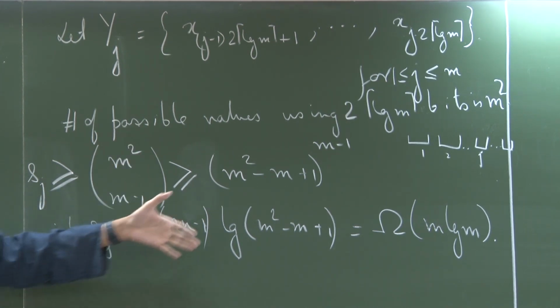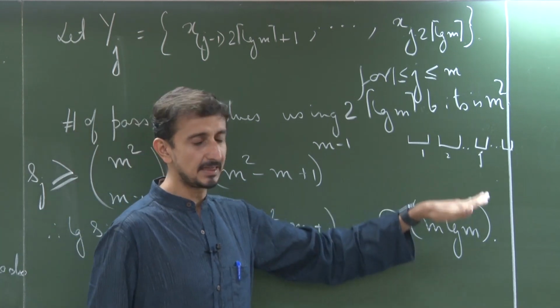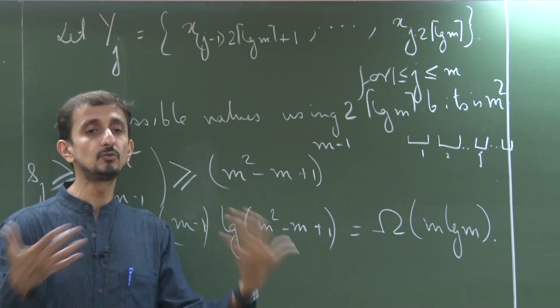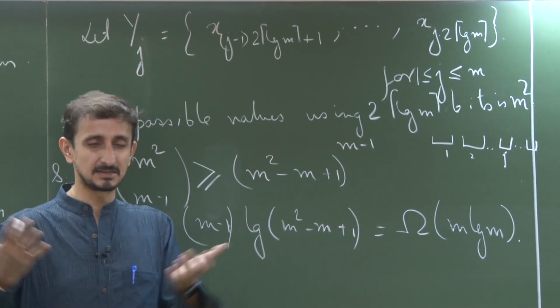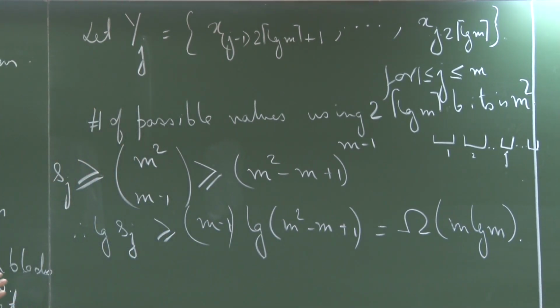If two of these blocks have the same value, then I have to choose from m minus 2 different numbers, m square choose m minus 2, something like that. There will be some more quantity. Maybe 3 of those blocks have the same value.